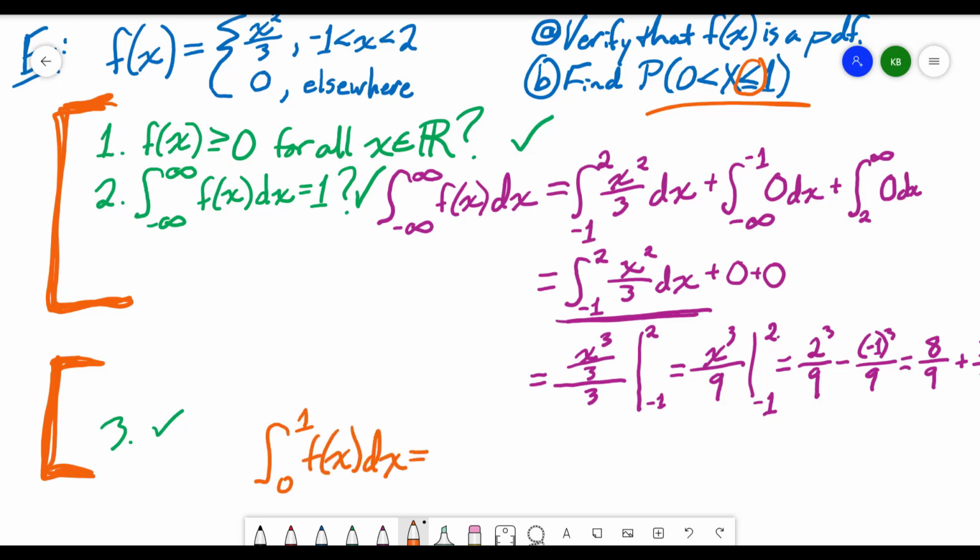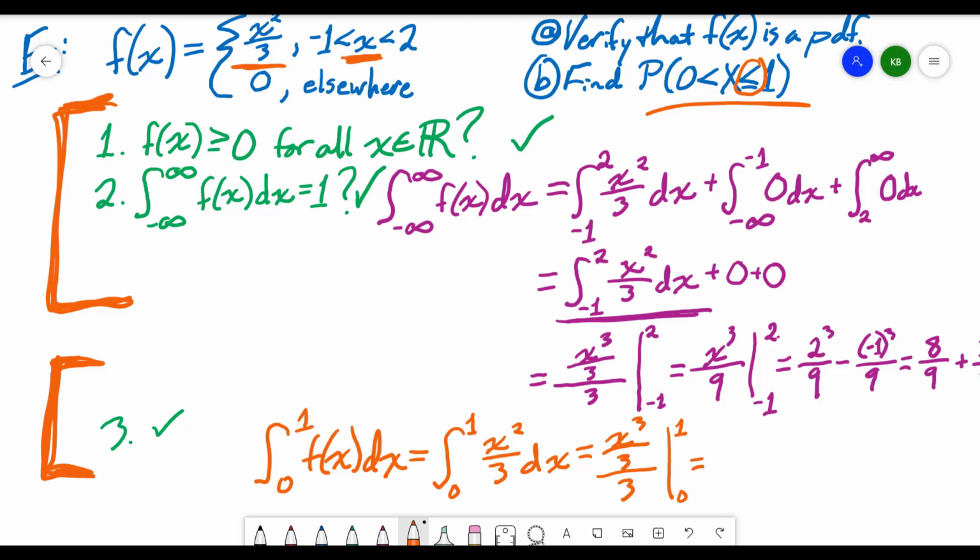And now let's look at what part of our function we are looking at. So we're looking for x values between 0 and 1. And all of 0 and 1 fall in between -1 and 2, so we'll be using this first piece of our piecewise function. So we're taking the integral from 0 to 1 of x squared over 3 dx. Now again, we take our integral and we add 1 to our exponent and divide by it. And I'm taking that over the interval 0 to 1.